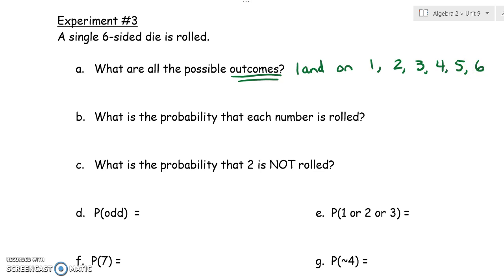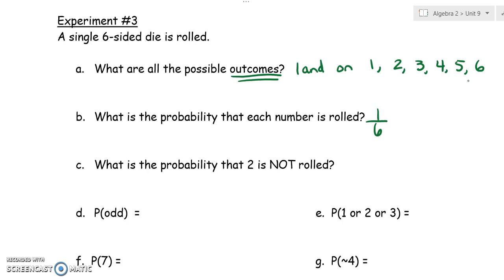So those are all the possible outcomes. I'm just listing them. Now the question says, what's the probability that each number is rolled? Well, the probability that a 1 is rolled is 1 out of 6. The probability that 2 is rolled is the same, and same for all the other numbers. So it's 1 out of 6 for each of the numbers.